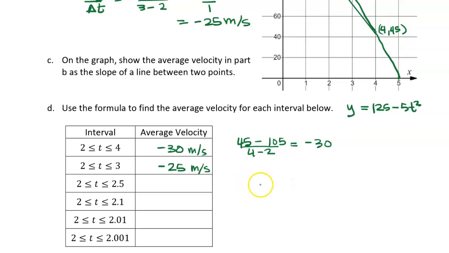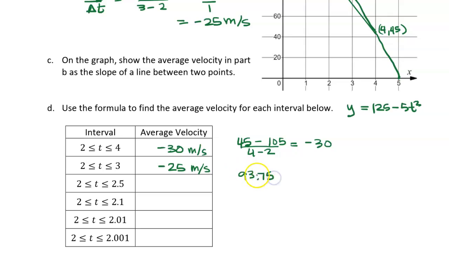Now, what I need to do is find the value of y when t is 2.5. So I'm going to take 125 minus 5 times 2.5 squared. If I put that into my calculator, I got 93.75.